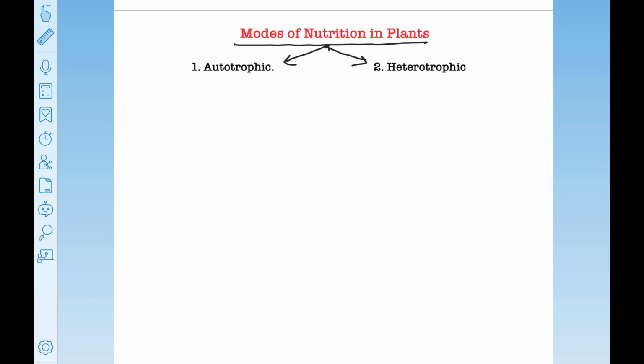So let's first talk about autotrophic mode of nutrition. So auto means self and trophic means nourishment. Okay. So in this mode of nutrition, organisms make their own food.